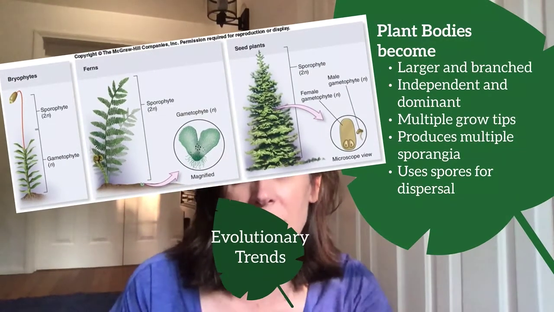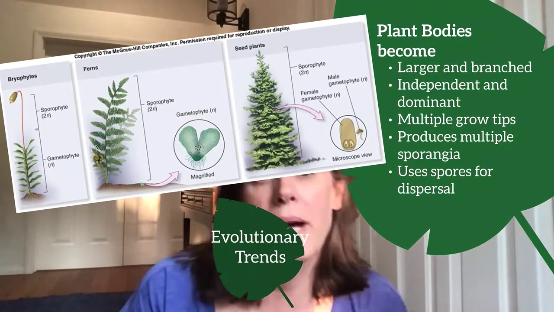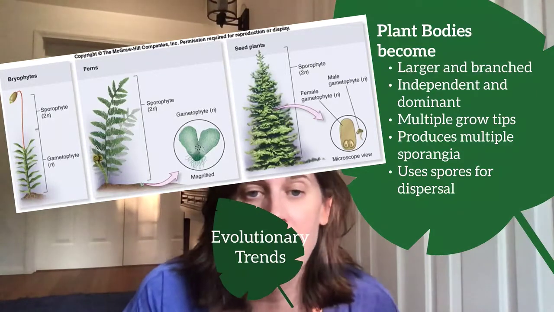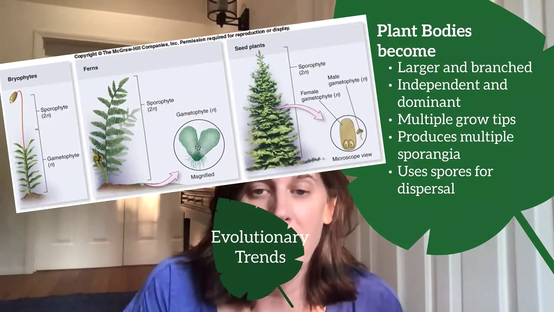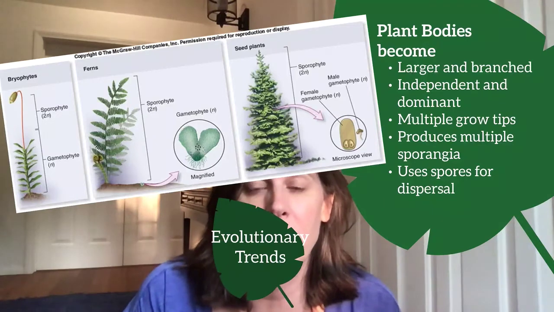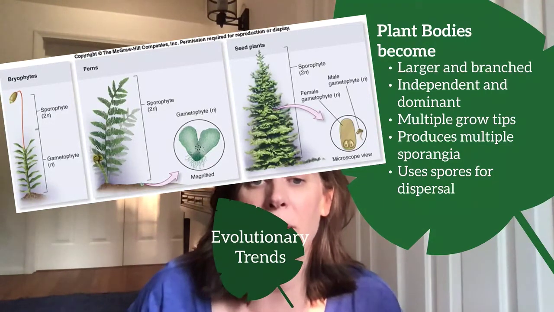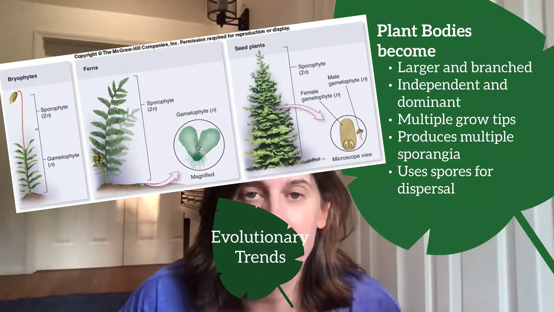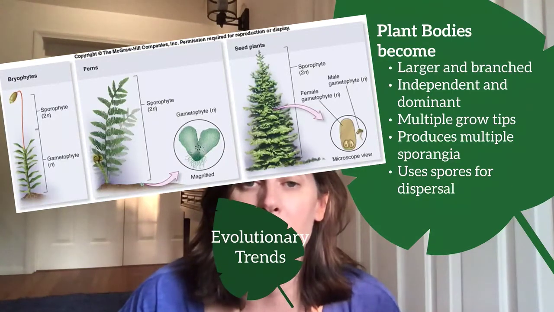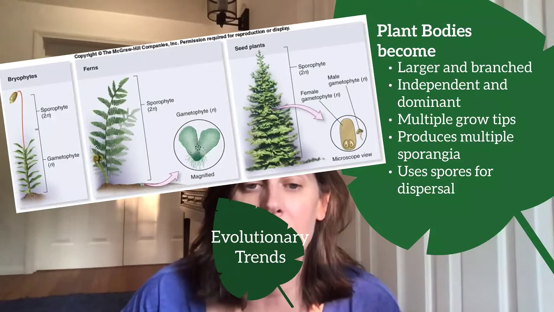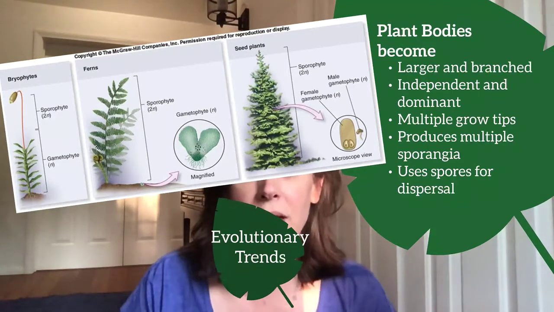Another thing to look at is the plant body. They're becoming much larger and also branched, so they're becoming much more complex. Again, the sporophyte is becoming independent and dominant. There are multiple growth tips, which is going to allow it to grow in many different directions.